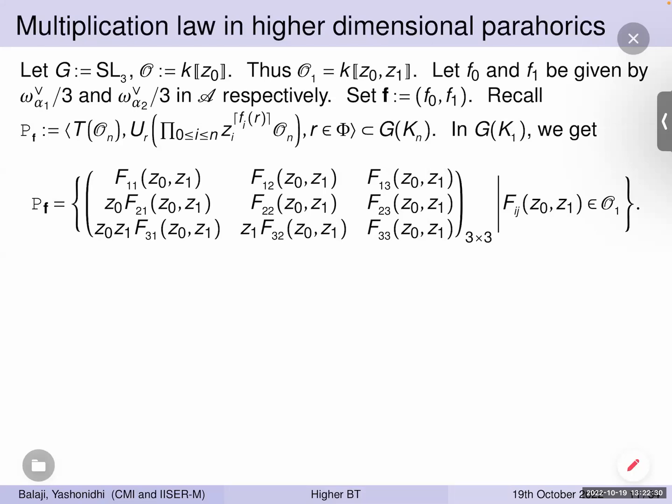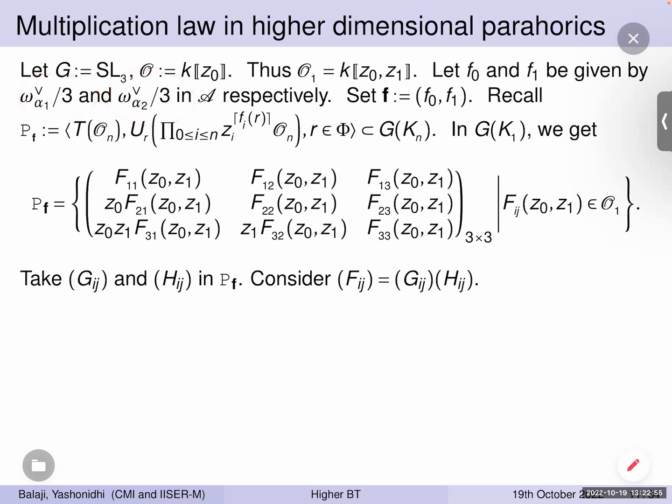The 3,2 entry must have a zero of order at least 1 in z1, and the 3,1 entry must have a zero of order at least 1 in both z0 and z1. So this is just a consequence of our choice of these points in the apartment.